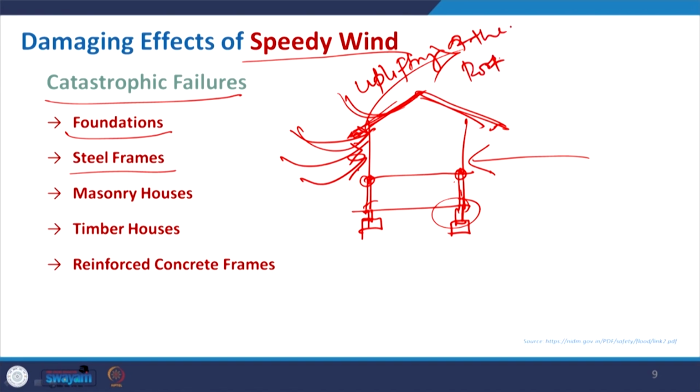Then in case of masonry houses, if the wall thickness is good enough, then the magnitude of the damage may be somewhat low, but if it is an old structure that is not being maintained, then maybe the disaster will be more. Timber houses are very light structures, normally built as temporary structures, where we cannot really resist the heavy wind.